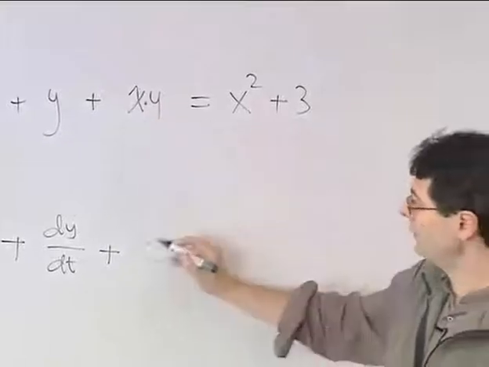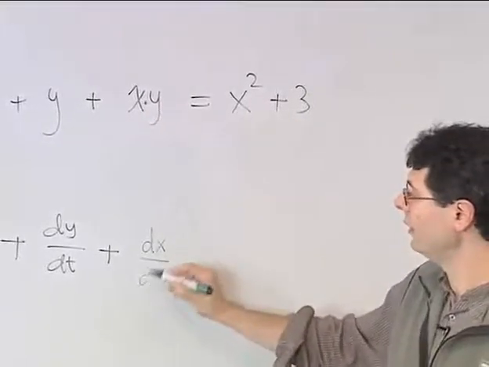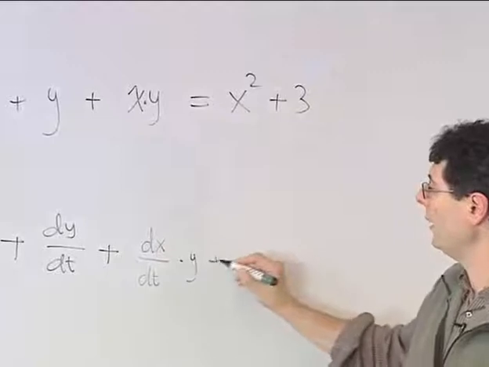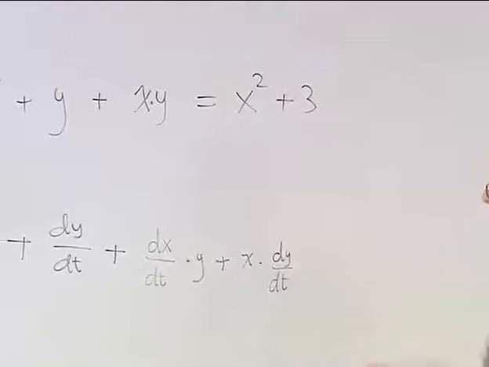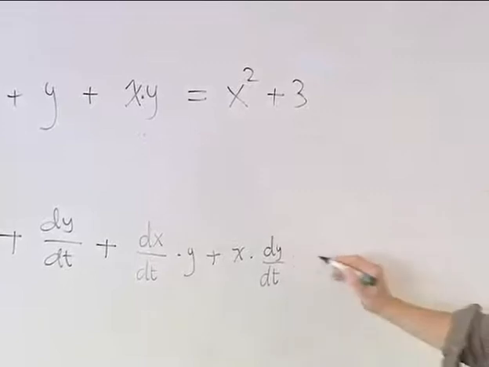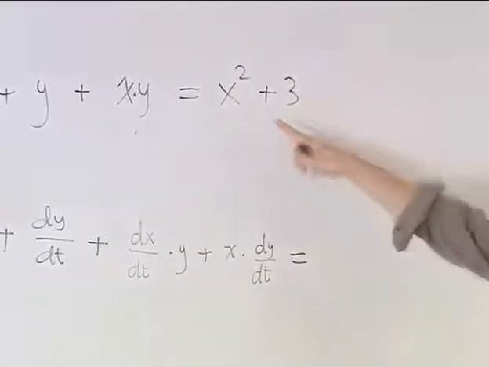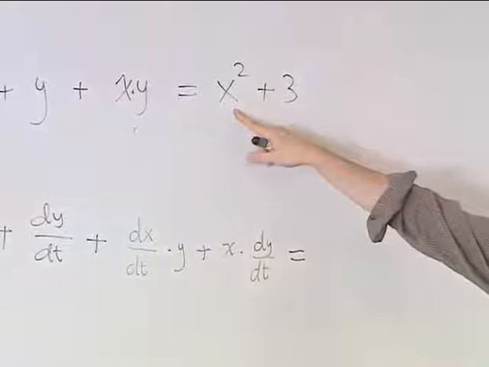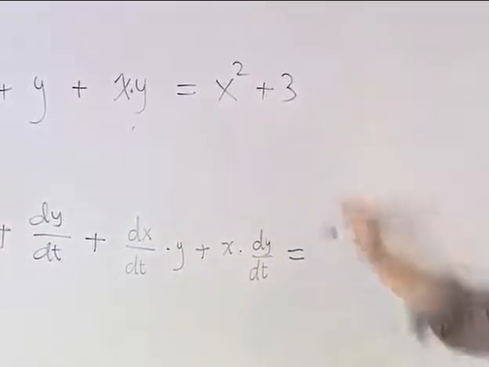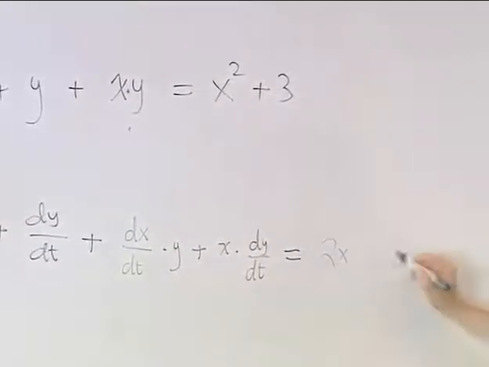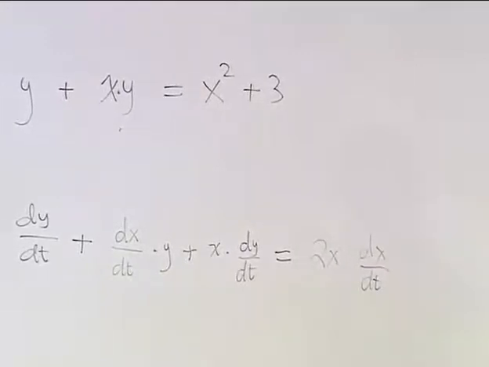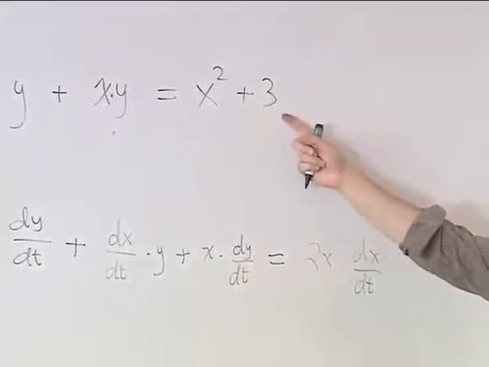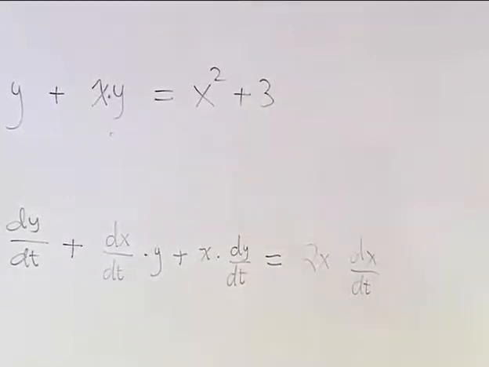The derivative of the first, so this is dx dt times y plus x times dy dt. I use the product rule here. Equal. What's the derivative of x squared? 2x, right? But remember, it's a t derivative, so it's multiplied by dx dt. And the derivative of 3 is 0. So you don't write anything anymore.